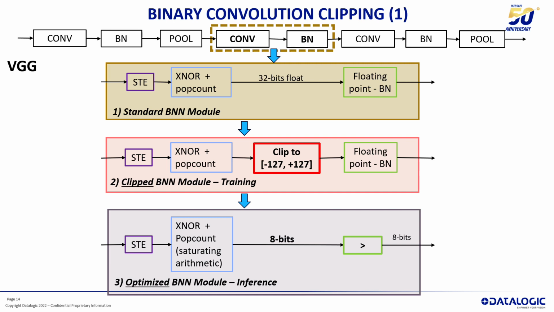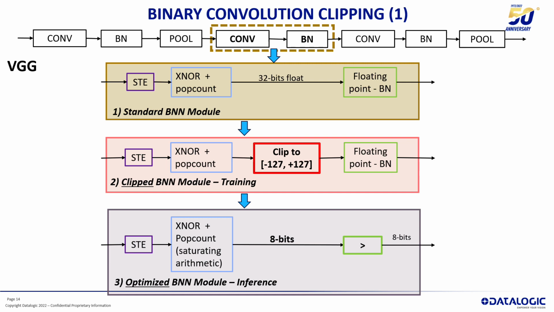And this has another benefit during inference, because the XNOR and pop count logic, using the SIMD coprocessor equipped on the Cortex-A platforms of ARM, the Neon, can be performed with saturation arithmetic, directly accumulating data over 8 bits.